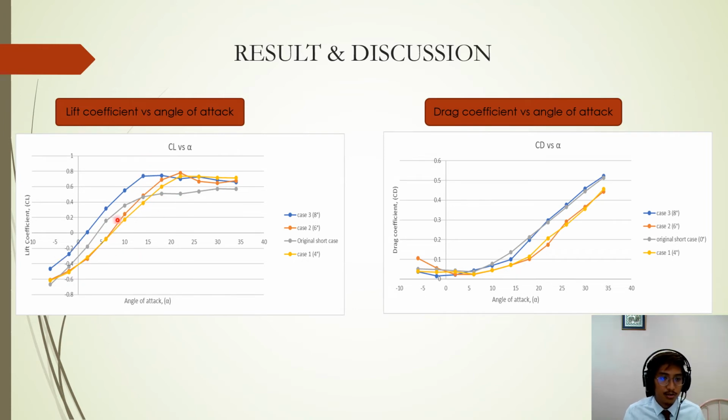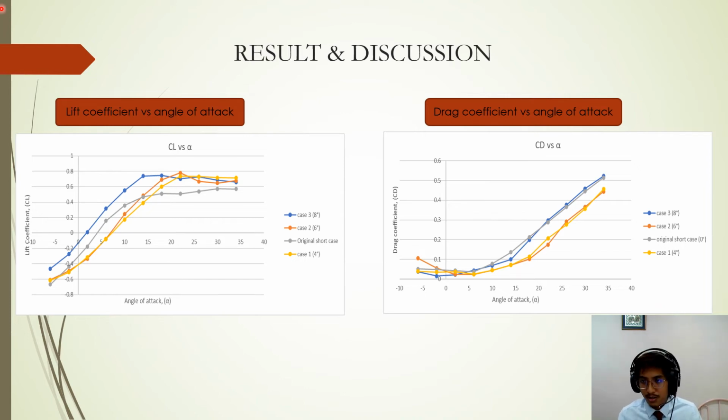For case 2, it reached a maximum lift coefficient of 0.7784 at an angle of attack of 22 degrees before it began to stall, and it is considered the highest value of lift coefficient among the others. So in this case we can say that adding a twist angle is able to increase the lift coefficient. Next is the drag coefficient versus the angle of attack.